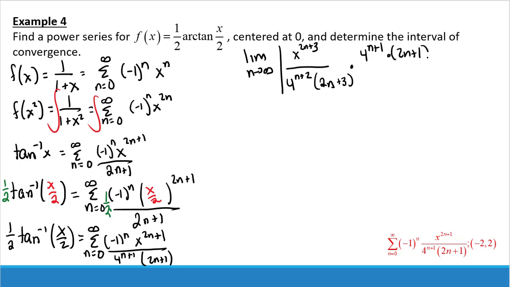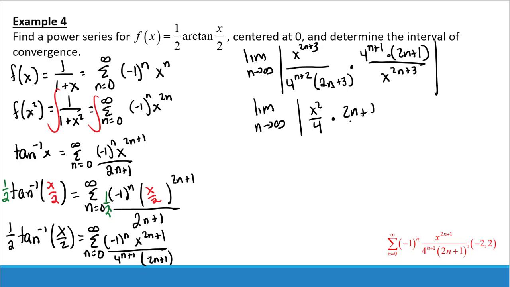Okay, so now simplifying that, this simplifies to the absolute value of x squared over 4.